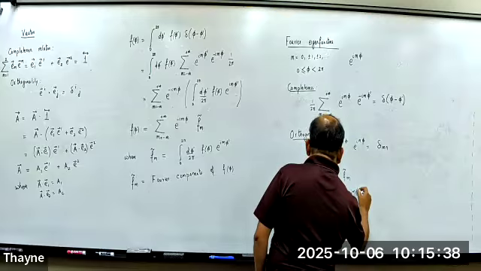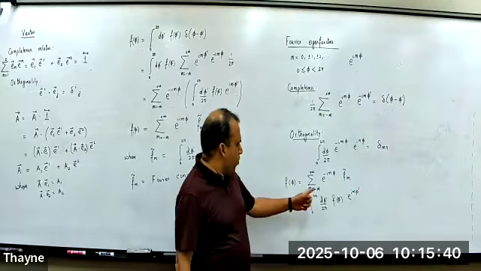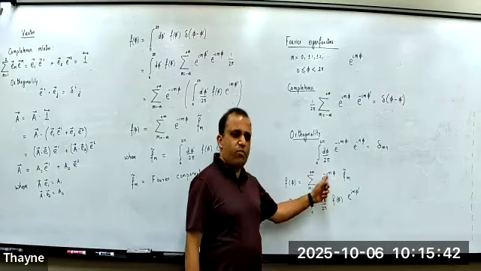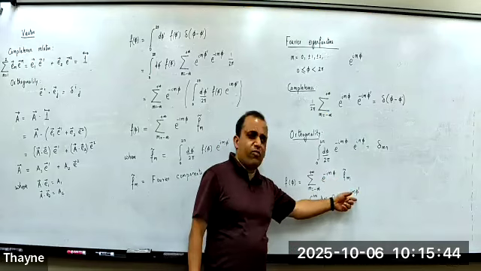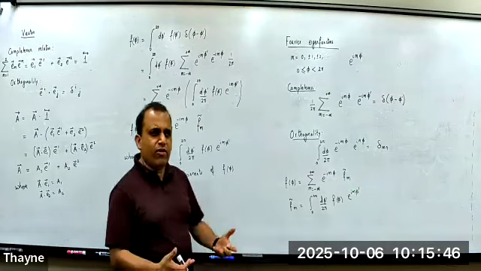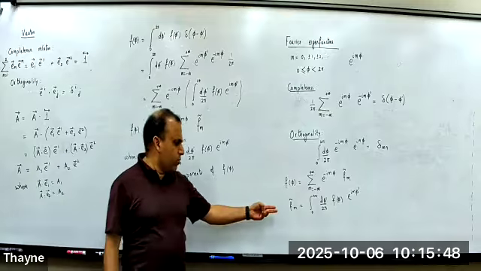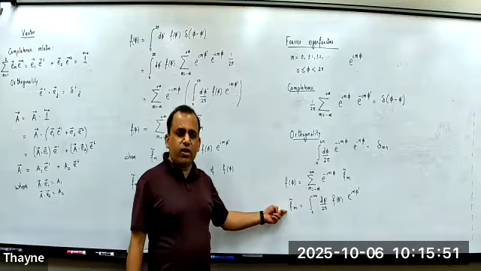Also notice the difference here. One has an exponential of minus, and this is the exponential of plus. Always that will show up. This is also sometimes called the inverse Fourier transform.